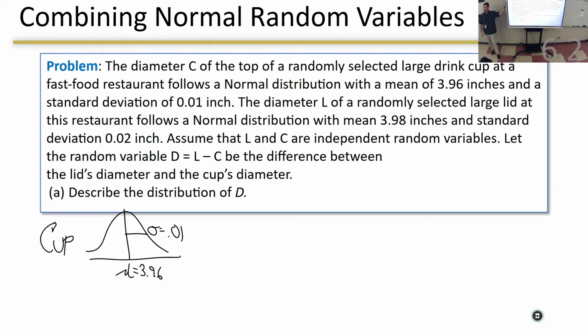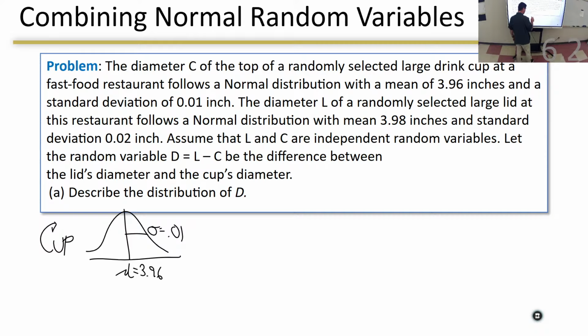Wow, that's a really small standard deviation. That's probably a good thing, because we don't want our cups varying a whole lot. We want those to be pretty consistent, so it's a good thing. Normal distribution, 3.96, 0.01.